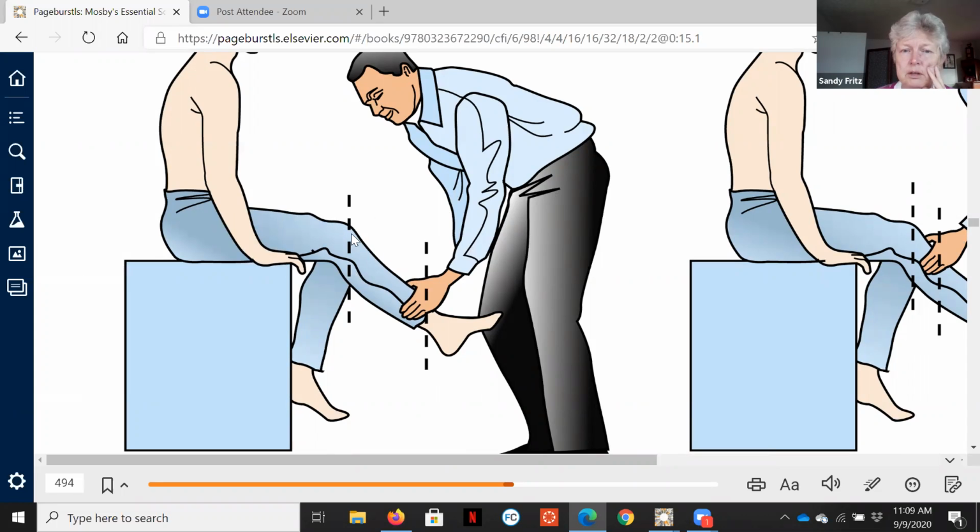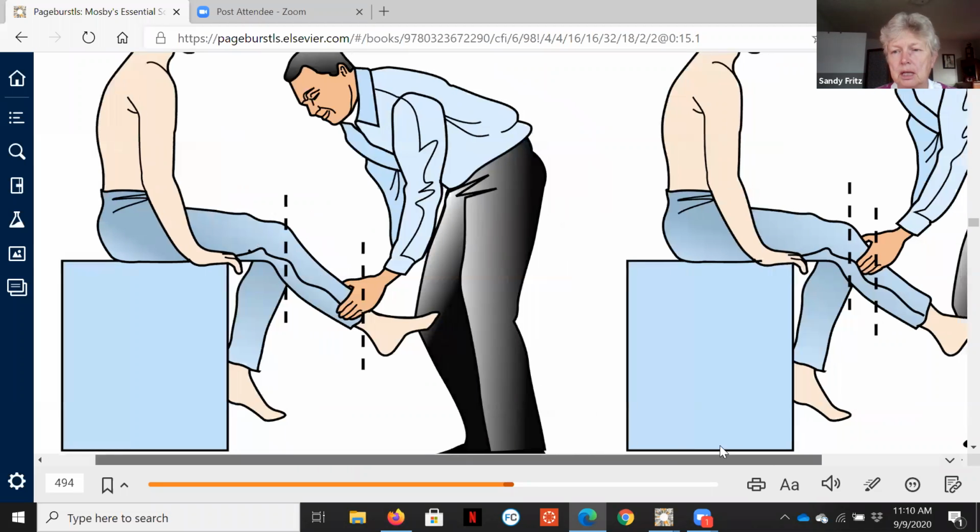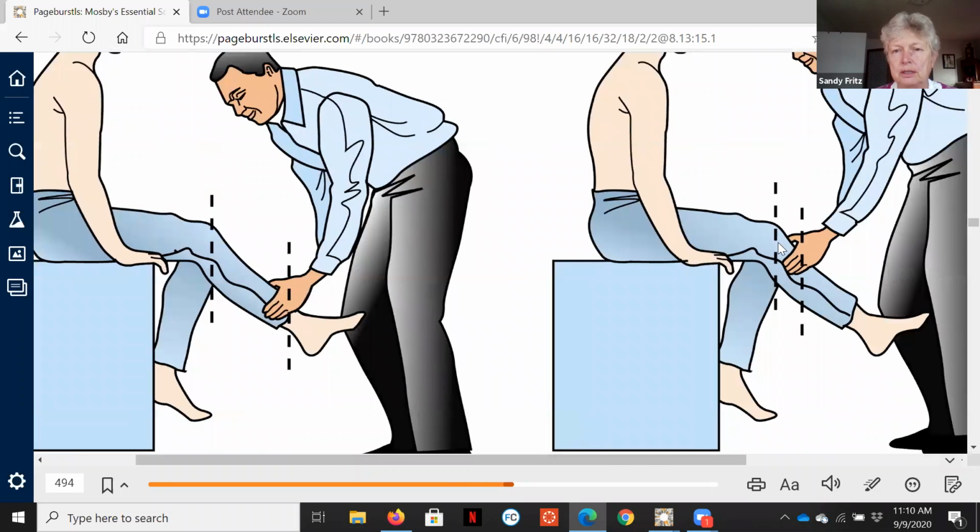And so if we're at the end of the lever, end of the bone, the distal end of it, so here's the joint, and here's where we apply the pressure, there's an advantage here to the person applying the pressure. But if we try to do it up closer to the joint, we lose our mechanical advantage, and the resistance is increased.